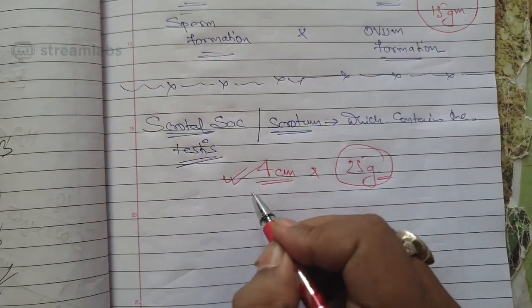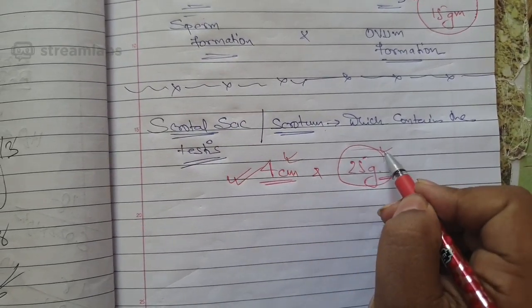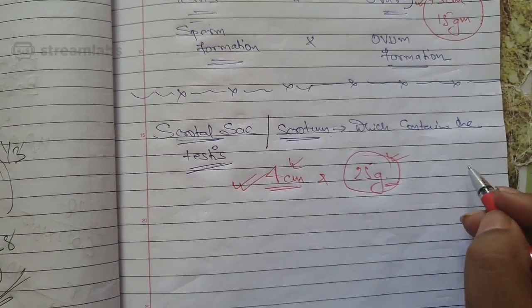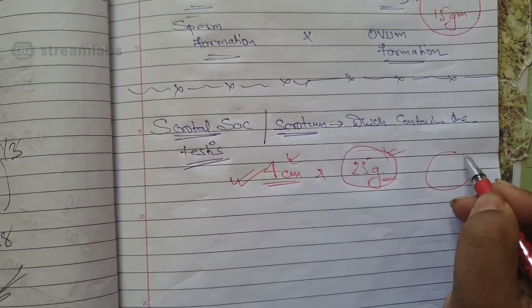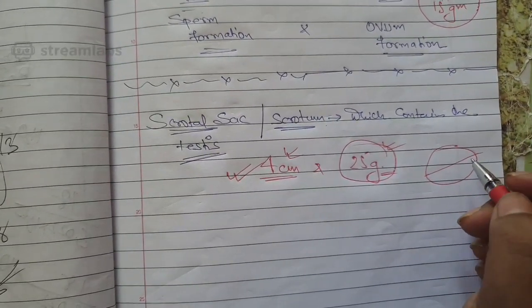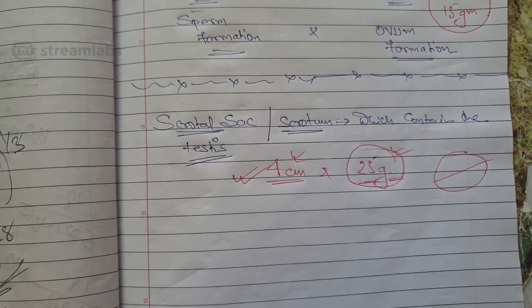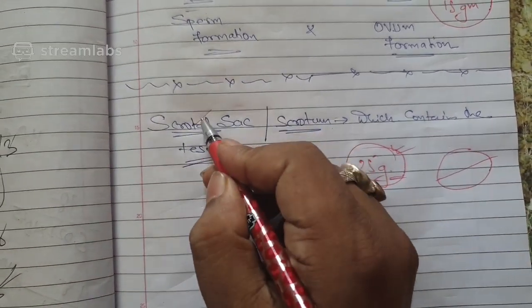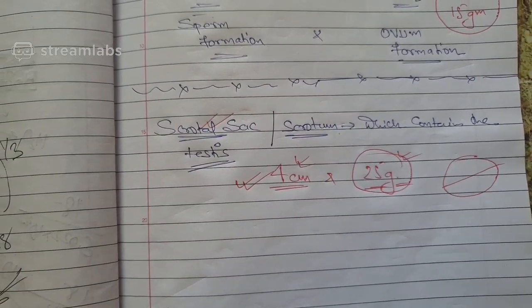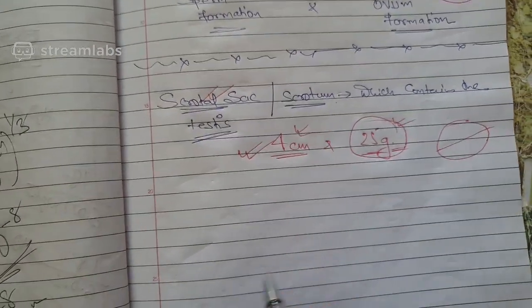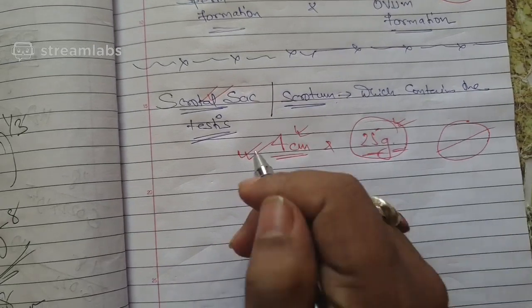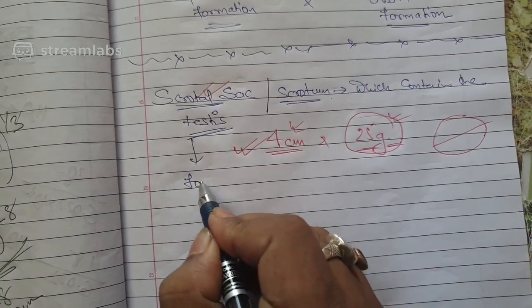Okay, so 4 centimeter and 25 gram. Suppose if this is the testis, okay, so 4 centimeter in length, and 25 gram in measurement. You see, the testis is lying in the scrotal sac. You very well know that the testis lies in the scrotal sac, and inside the testis there is formation of sperm, right?